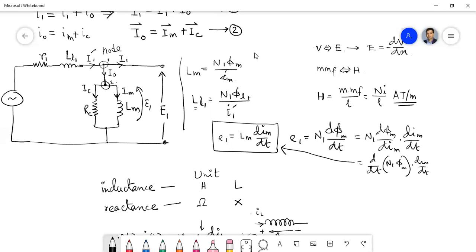That is a purely ohmic loss. Sir, I thought IC was only present to produce the core loss IC square RC. IC is a part of your no load current. When this IC flows through RC, we have the core loss.